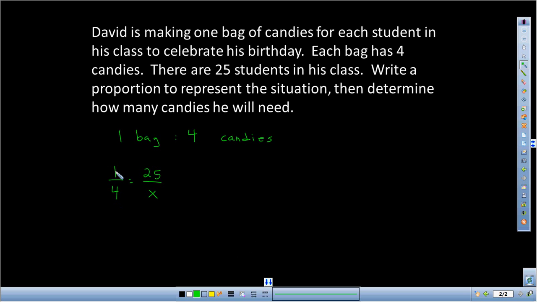We'll start with our first cross product, 1 multiplied by x, and set it equal to our second cross product, 4 multiplied by 25. 1 multiplied by x is x. 4 multiplied by 25 is 100. So it looks like he's going to need 100 candies in order to prepare those 25 bags for his classmates.